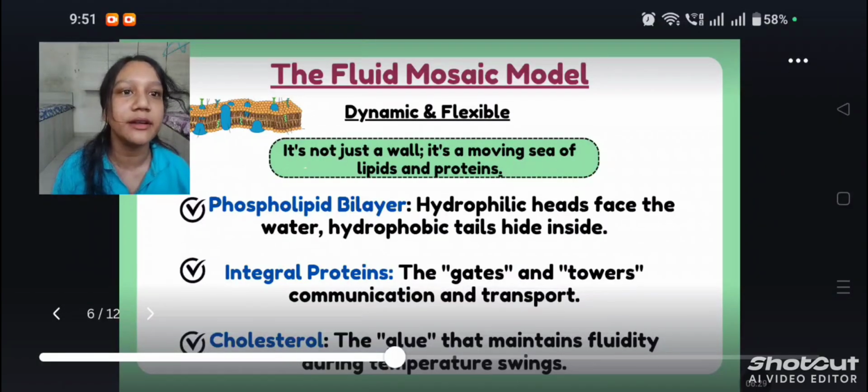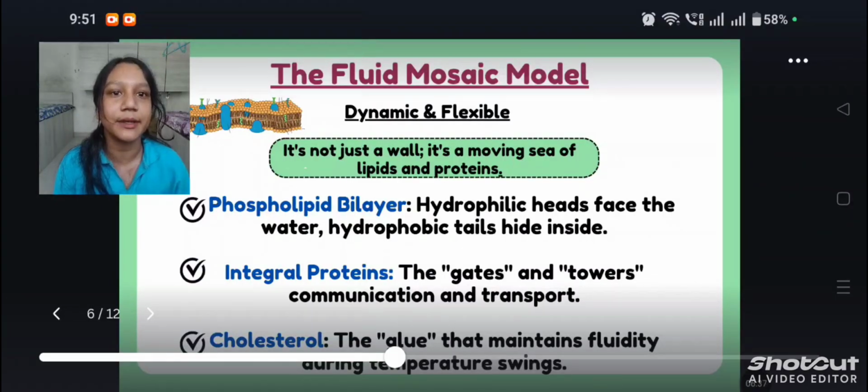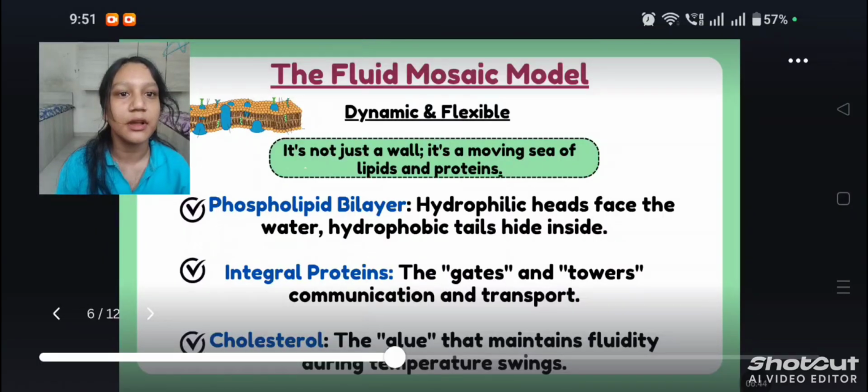In the phospholipid bilayer, there are hydrophilic heads facing the water, and hydrophobic tails hiding inside. Then integral proteins, the gates and towers which help in communication and transportation. Cholesterol, also known as the glue that maintains the fluidity during temperature swings.